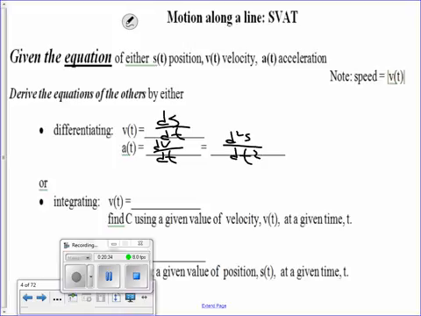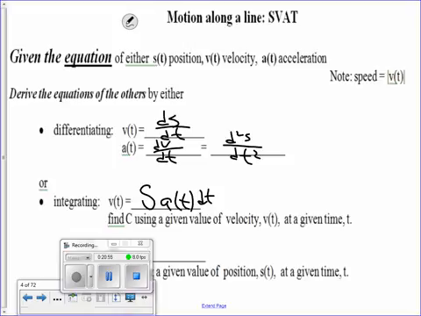Now you can also get to another equation by integrating. v of t is the antiderivative of which one of these? Acceleration. Now every time you find an equation by integrating another one, you wind up with a plus c, right? That's the annoying part, going that way.